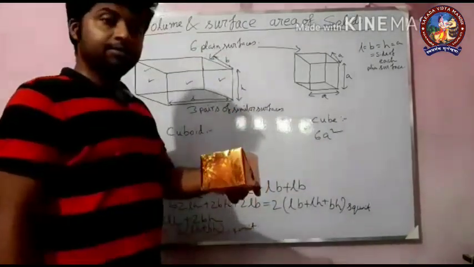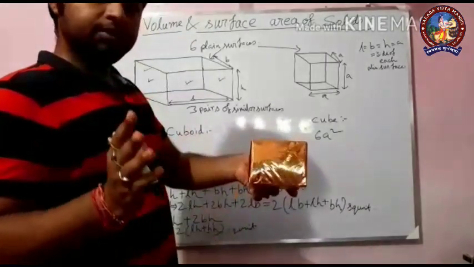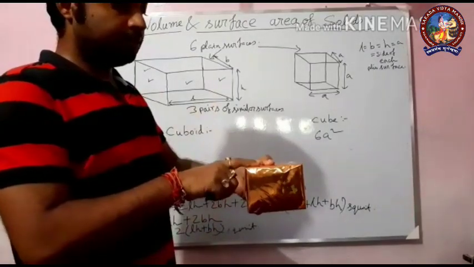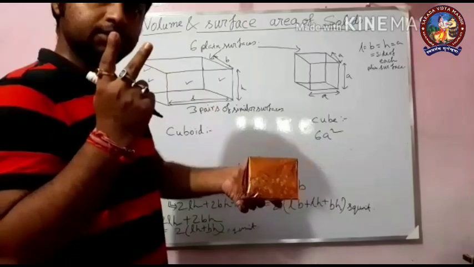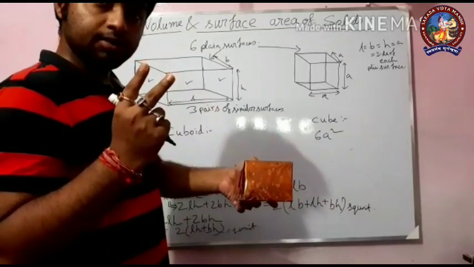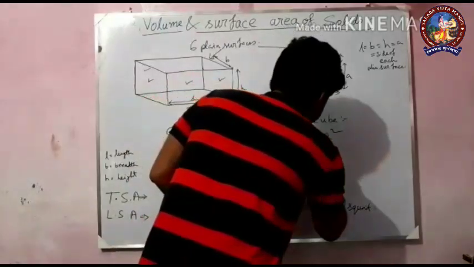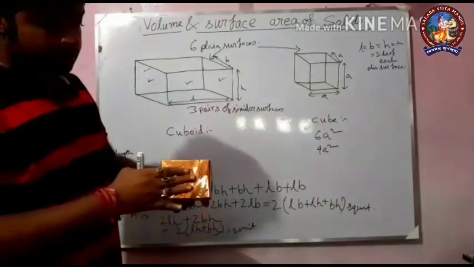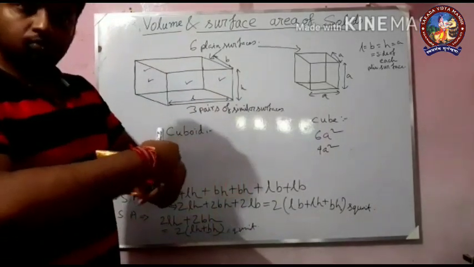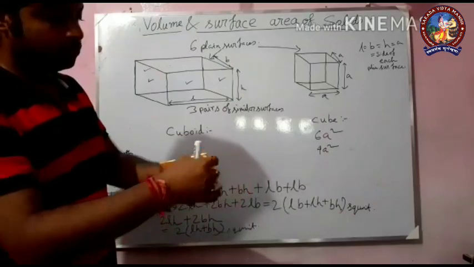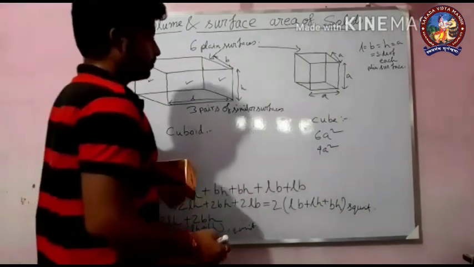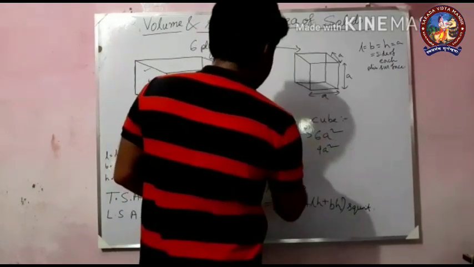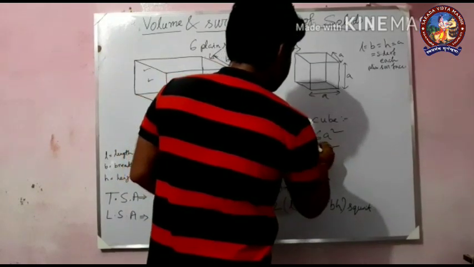For the lateral surface area, we have to take only 4 surfaces out of the 6, or you can say we have to exclude the upper surface and the lower surface, that is 2 surfaces. So the lateral surface area will be 4A square, right? This is A square, A square, A square, and A square. 4 surfaces are there, 1, 2, 3, 4. This is the total surface area of a cube, and this is the lateral surface area of a cube.